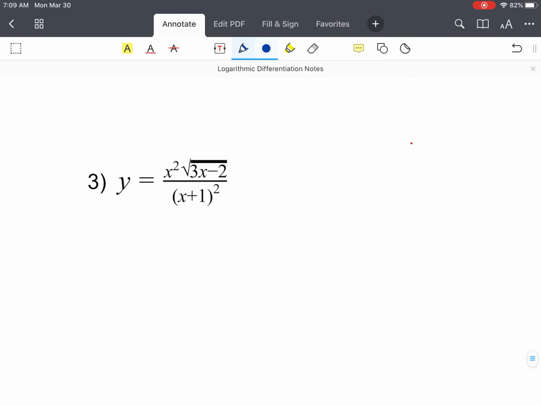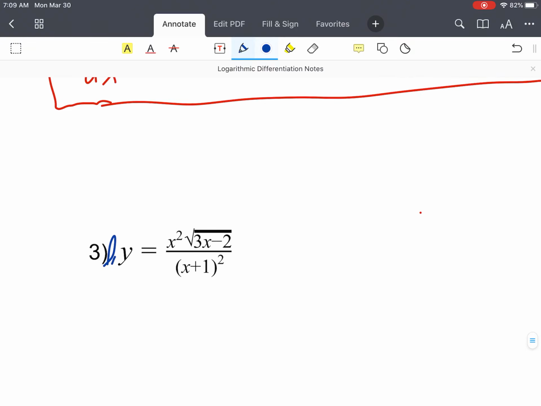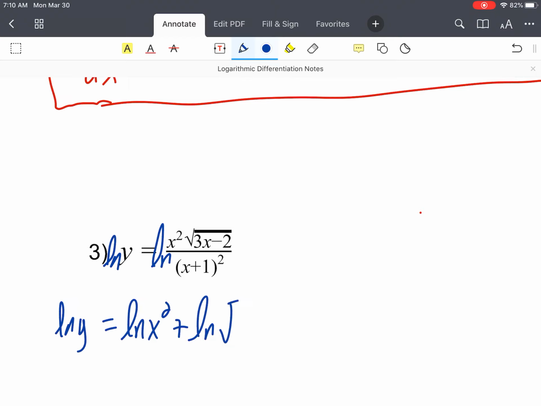All right. So again, we start all of these problems by taking the natural logarithm of both sides. So we have the natural log of y is equal to the natural log of x squared plus the natural log of the square root of 3x minus 2, minus the natural log of x plus 1 squared.